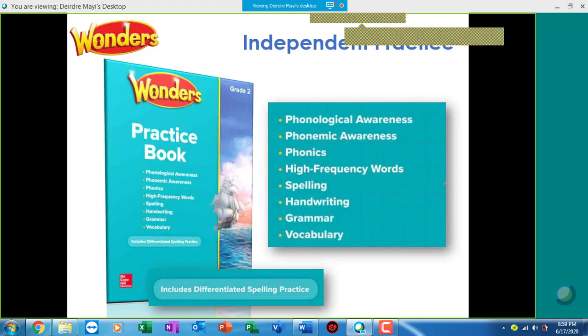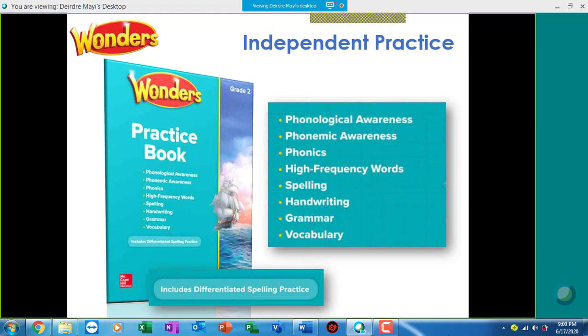Now, let me also mention this about the practice book. You will notice that you're receiving a black line master of the practice book. Here's what this means. You are able to run off any copies of the practice book that you would like to run off. But note that if you assign any of the content inside of the practice book digitally, it can be auto-graded.